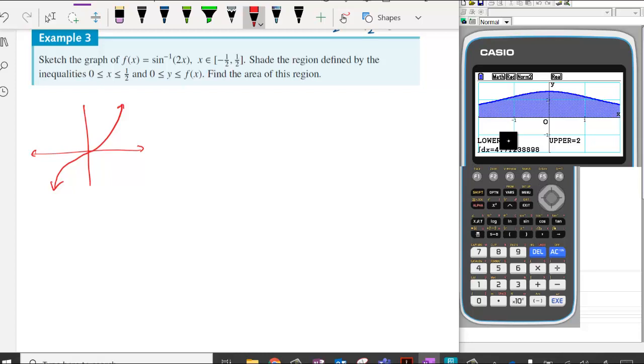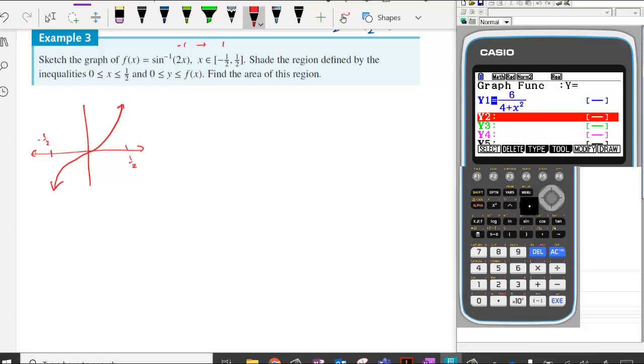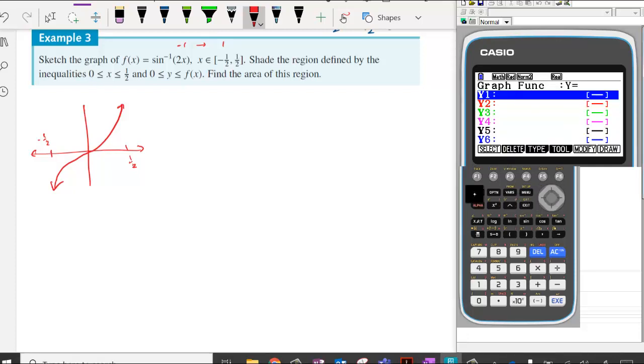It can only be between -1 to 1 in that domain. So that means it needs to be -1/2 through to 1/2. So regardless, we'll sketch this. So we're looking for shift sine of 2x.